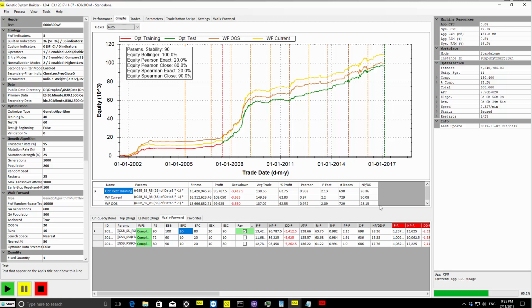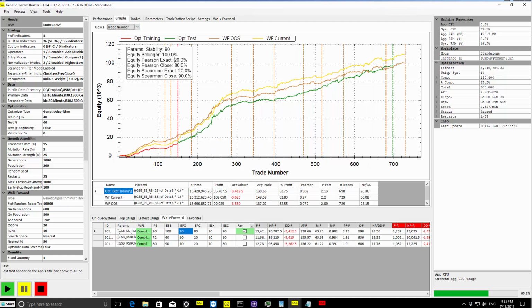Another thing we want to do is look at the amount of trades and the change between the various equity curves. So auto typically is in effect being trade date for the x-axis along here, but I'm going to change that to trade number. Now, as the number of trades are very similar, there's not a great deal of difference in the x-axis and the curves, but I'm going to draw a possible scenario that can happen also in walk-forward curves.